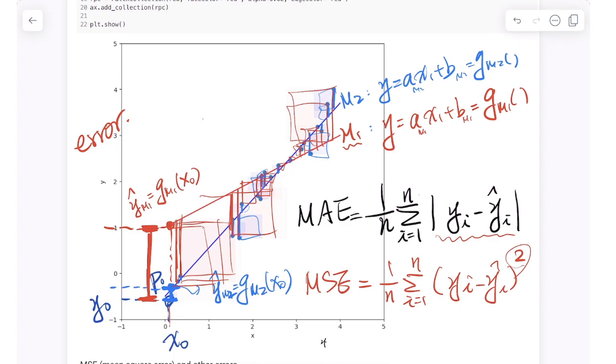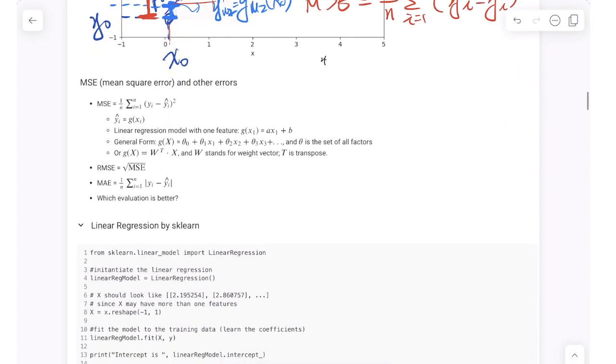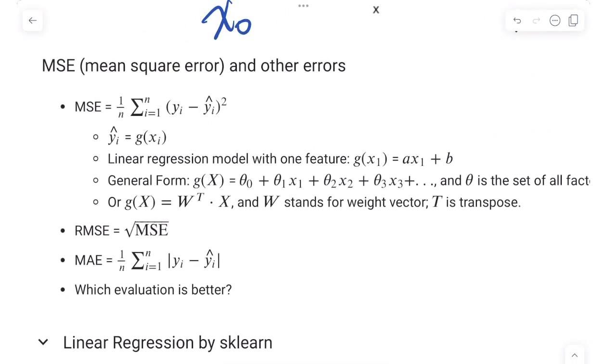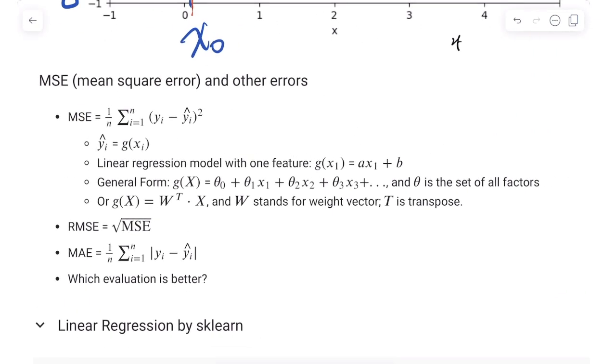You, as a data analyzer, have to decide which model you want to use and which function you would like to use to evaluate different models. There's no magic way to do so. You have to do it by yourself. So that is the definition of MSE, right?